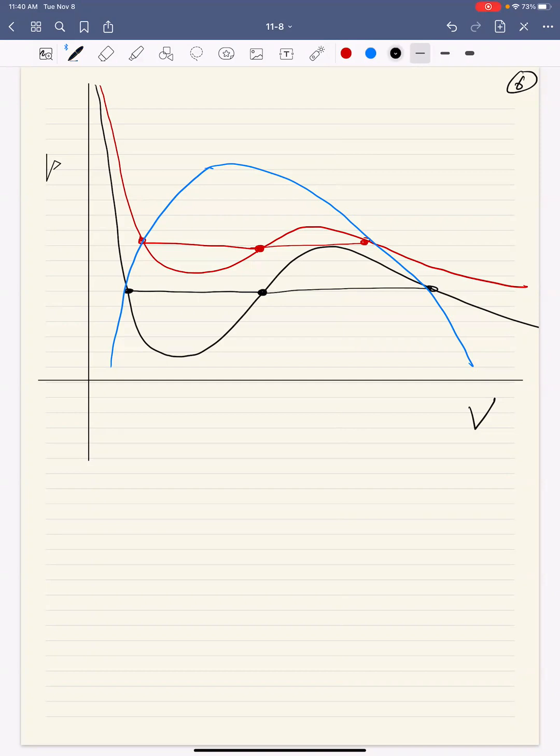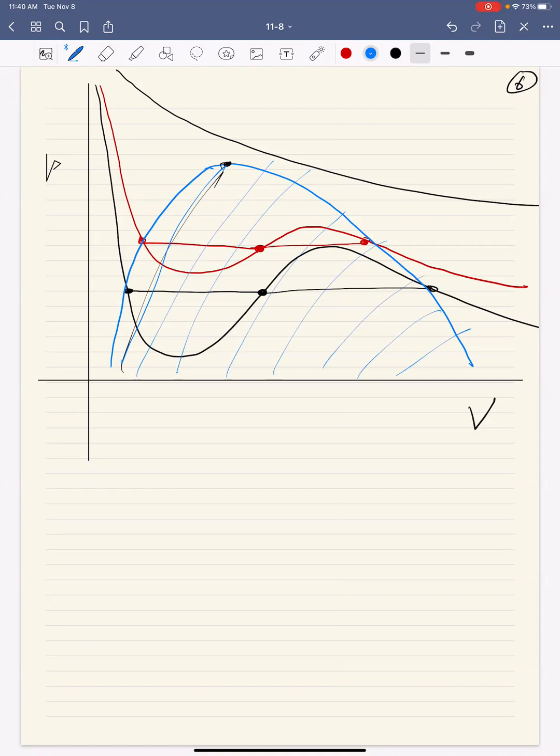At the very highest temperature, just beyond the top of this one, it will look something like this. So in this curve now, everything inside the blue is liquid plus gas. Everything to the left is liquid.